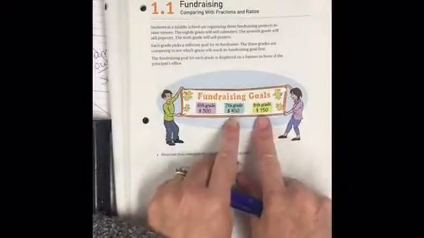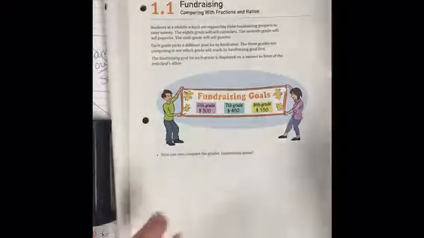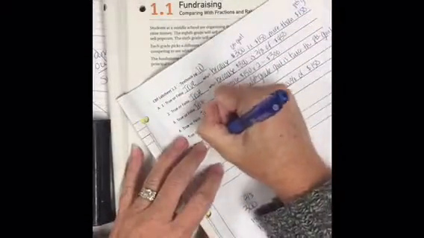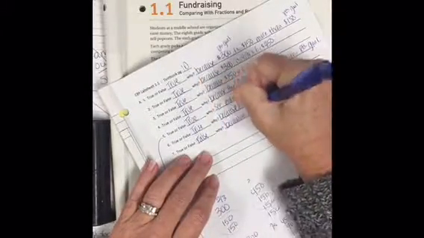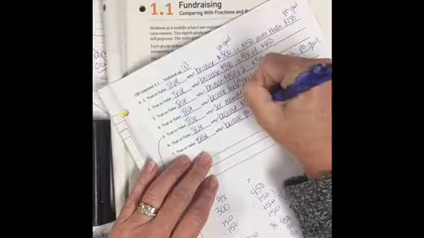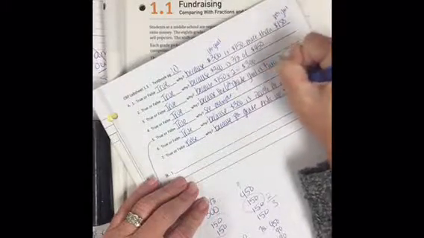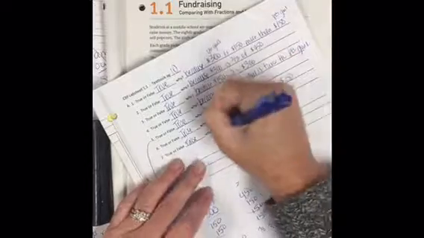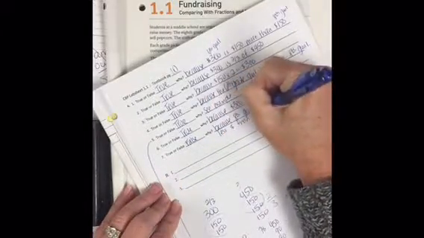So let's just look at the basic idea here. Does 8th grade end up with more money? No. So there's no way that that could be true. False. Because 8th grade ends up with less money than 7th grade.